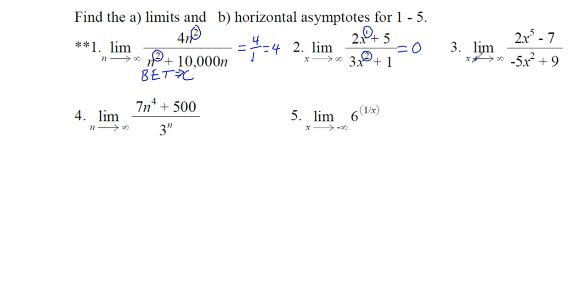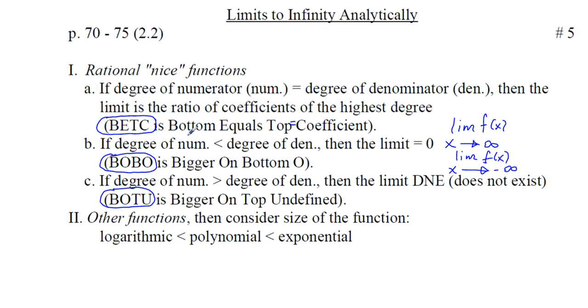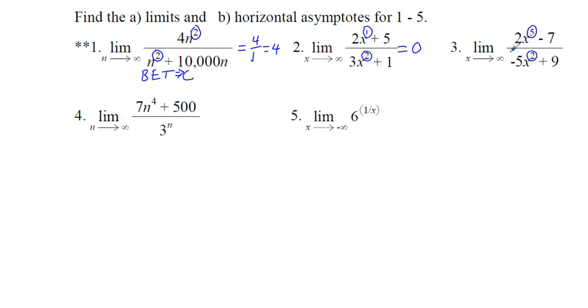Okay, 3. And here we have, again, a polynomial divided by a polynomial, and we have a 5th power in the numerator and a 2nd power in the denominator. And so what does that translate to? Well, we have a bigger on top situation because 5 is bigger than 2, so we say limit as x approaches infinity of f of x does not exist.